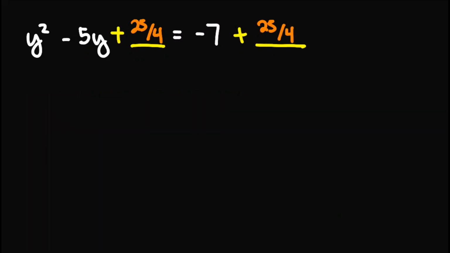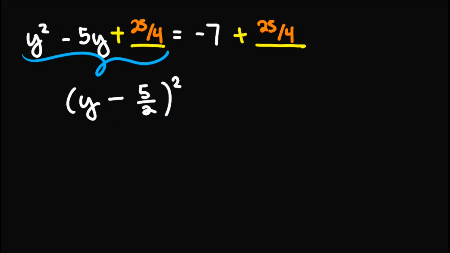From here, we know that this expression is a perfect square trinomial, so this just simplifies into square root of the first term is y, copy the sign, that is minus, and square root of the last term is 5 over 2. Don't forget the square. This one is equal to, let's solve this one.